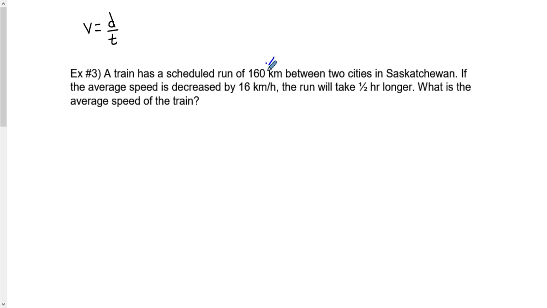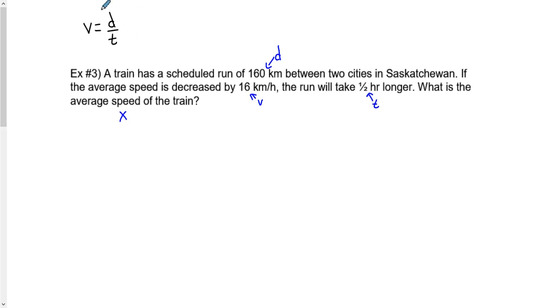We're given a distance, and we're given a speed, and we do have one time. What we need to do is find out how fast these speeds are, which means our speed is going to be our x. That's one thing that we're going to solve for.